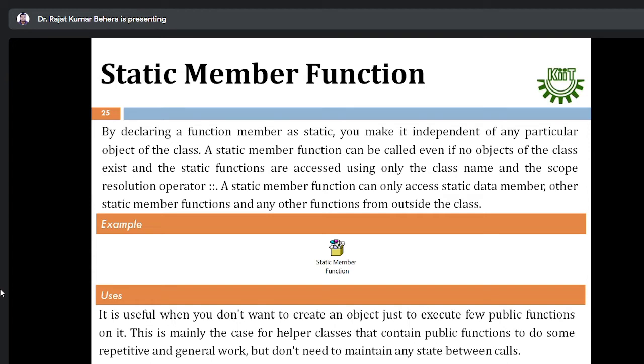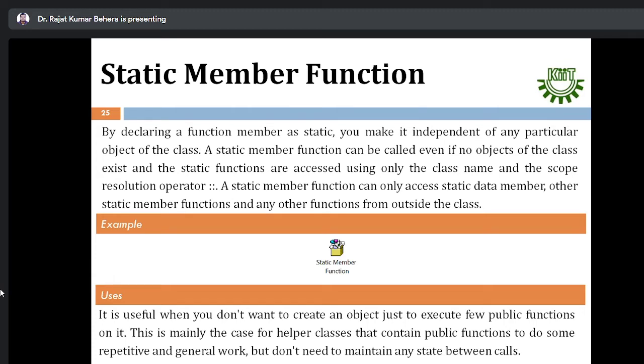That means if a function is designated as a static member function, it can only access static data members, other static member functions defined within the class, or call any other functions defined outside of the class itself.